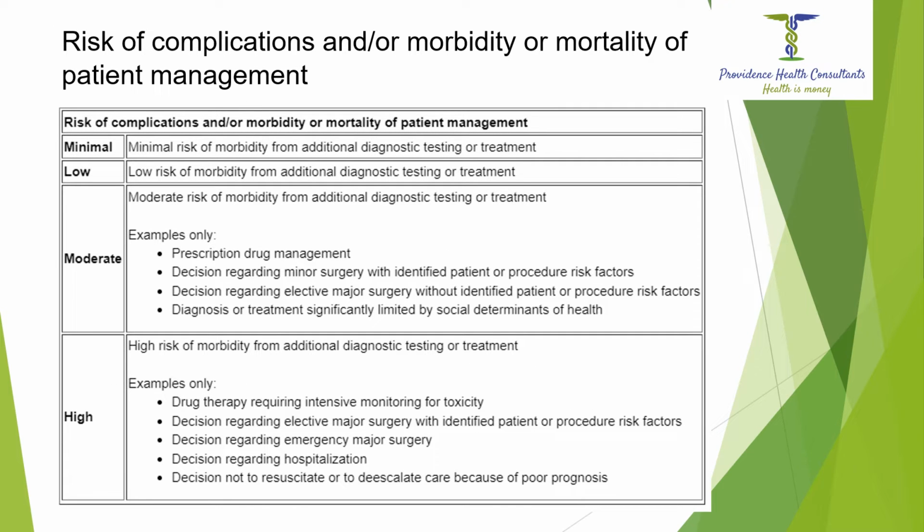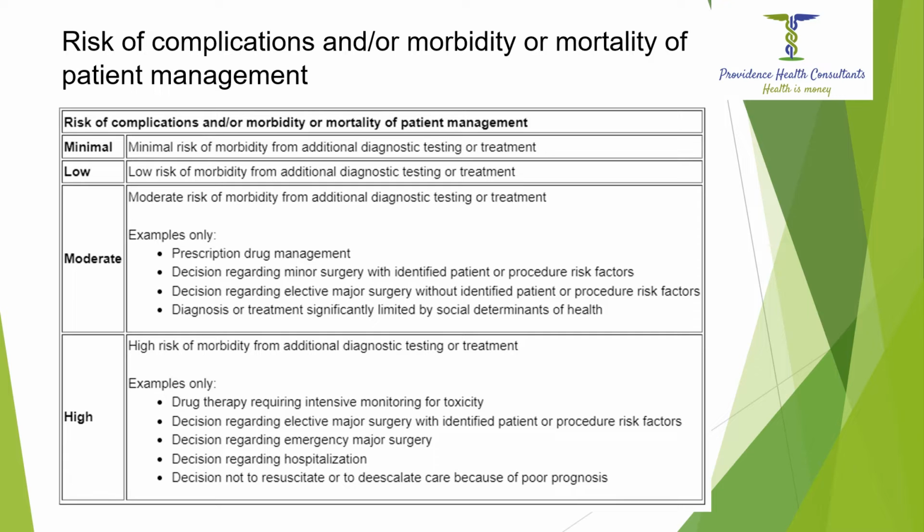And the next one is risk of complications and or morbidity or mortality of patient management. So based on the patient's health condition and any prescriptions provided, or if any drug therapy or surgical treatment is recommended, based on the patient's medical record, it is categorized into low, moderate, and high.